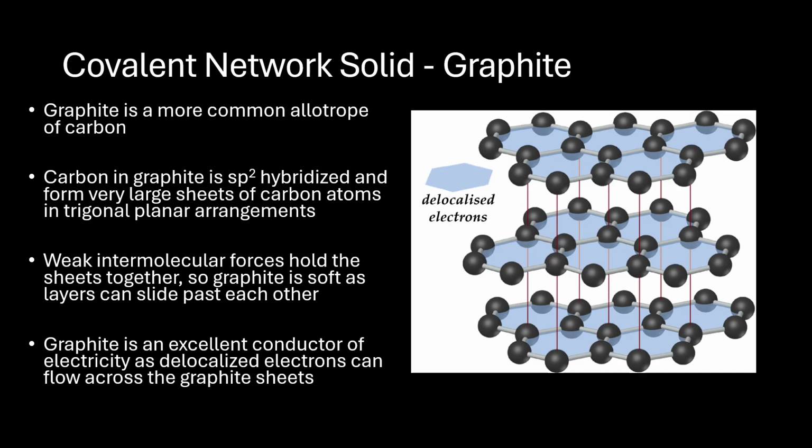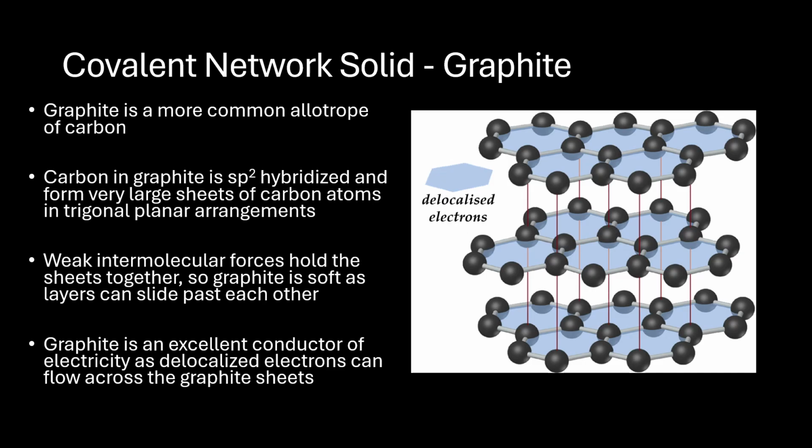Carbon in graphite form is sp2 hybridized, which is really interesting. What they're going to do is form really large sheets of carbon atoms in a trigonal planar arrangement. And so what's happening with your lead pencil, and why you can write and rub off that lead onto the paper so that you can see your words, is that these sheets can slide against each other and slide off.